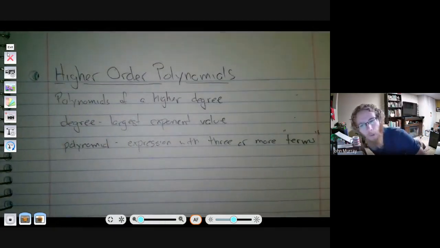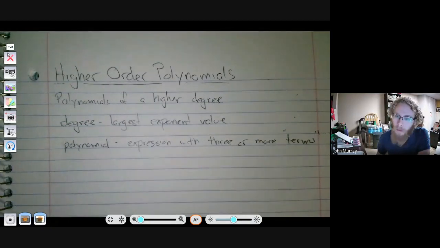So here we have: degree is the largest exponent value of a polynomial.